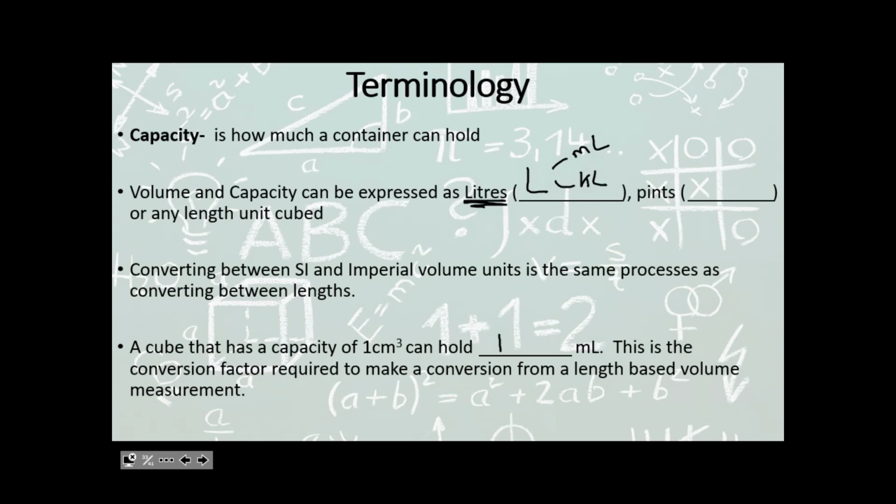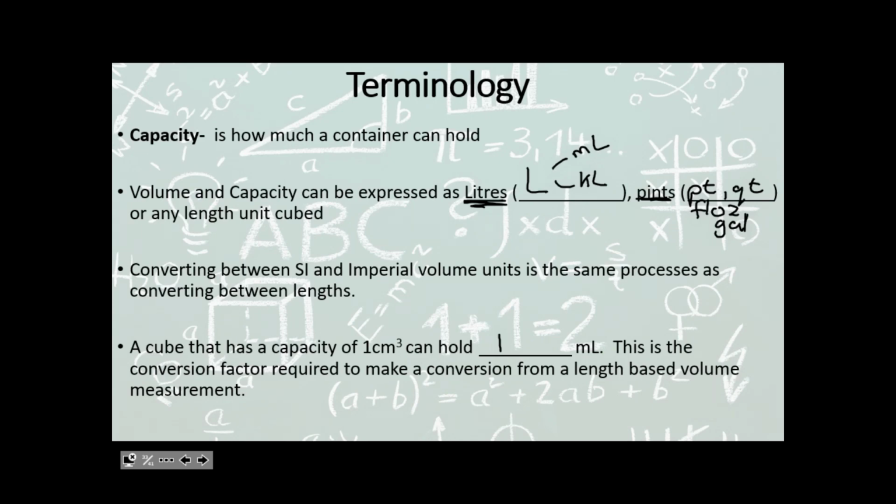We also have the Imperial measurement system for volume, which includes things like pints, quarts, fluid ounces, gallons, etc. Or technically any length cubed can be a measurement of volume.